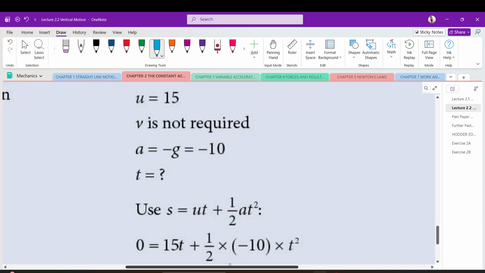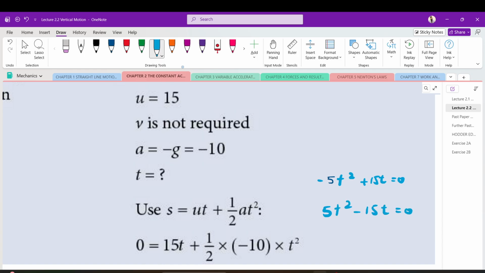So you have minus 10 t squared over 2, so they simplify to minus 5t squared plus 15t equals 0. I can switch them to the other side: 5t squared minus 15t equals 0.